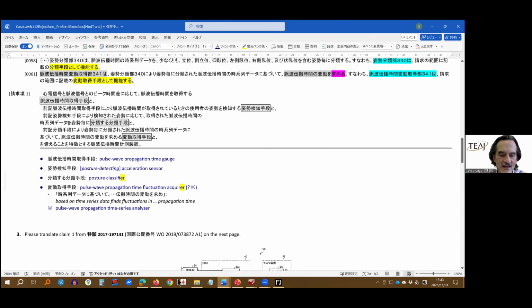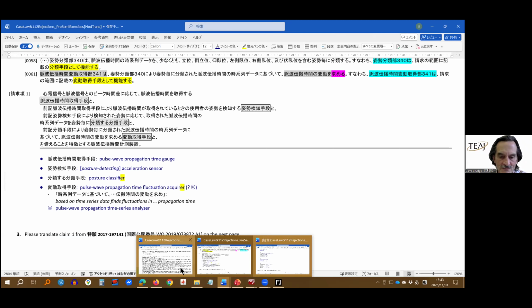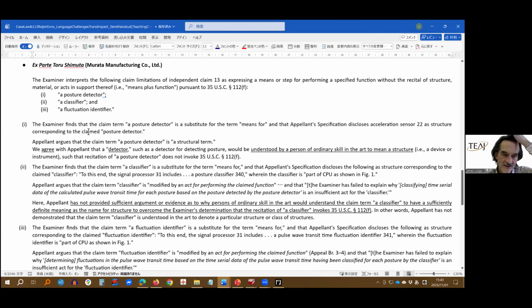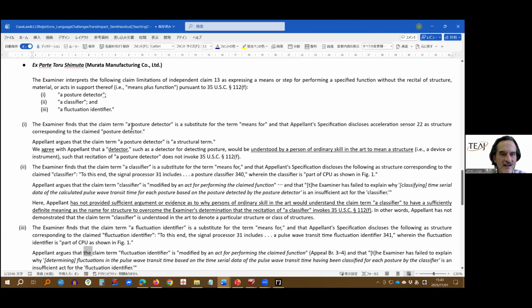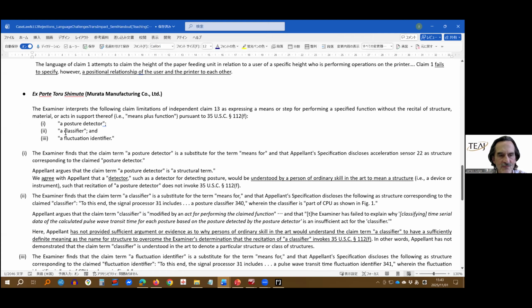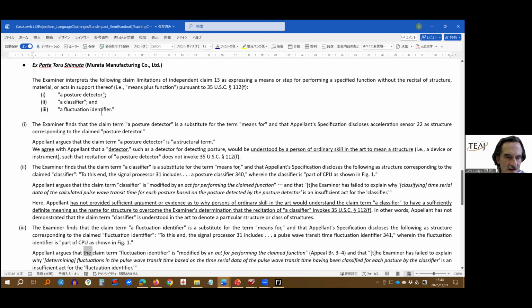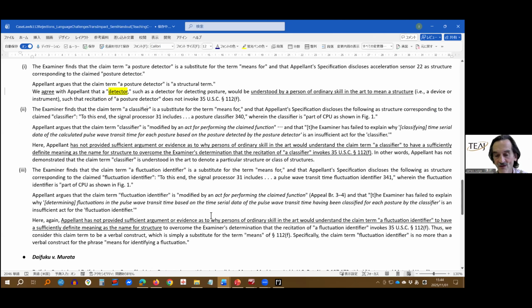But in any case, on appeal, the board went through every element and basically said that there's only 3 elements, but among the 3, only detector is acceptable as overcoming means plus function interpretation. The others were not successful in overcoming means plus function interpretation.